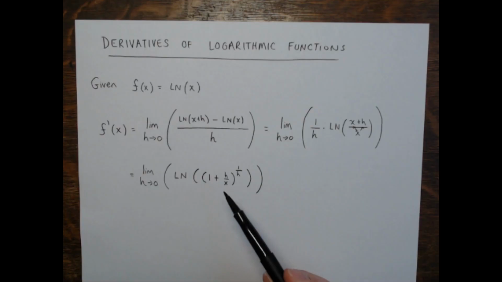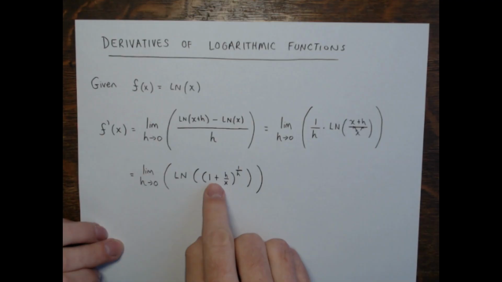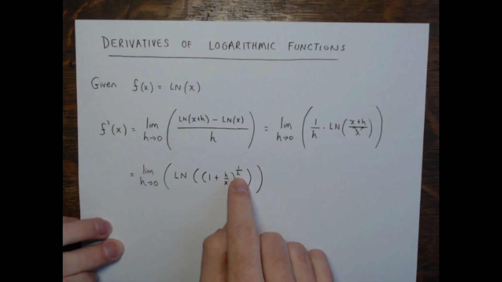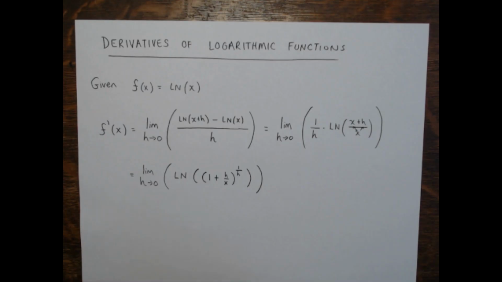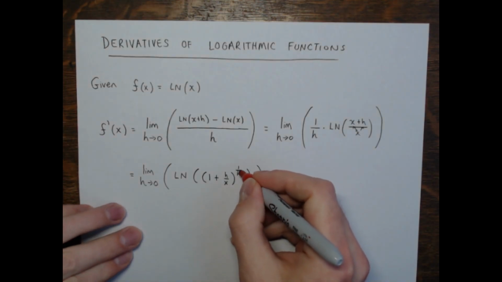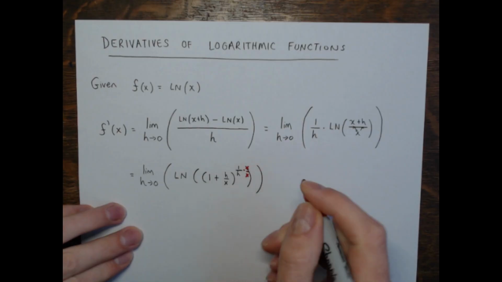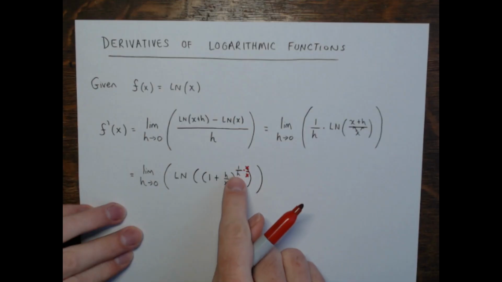All right, and what I'm going to do with this, so you see this is 1 plus h over x. I like to raise to the reciprocal of h over x for reasons I'll discuss in a second. So this power up here, this 1 over h, I'm going to multiply this by x over x. That way I'll get the reciprocal of h over x.